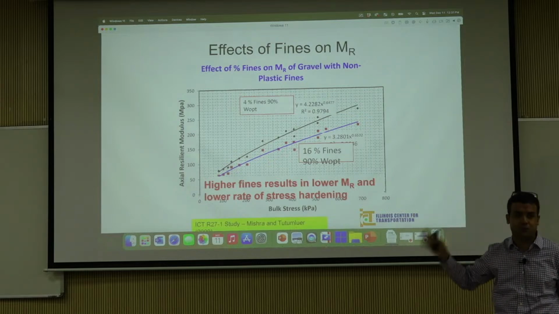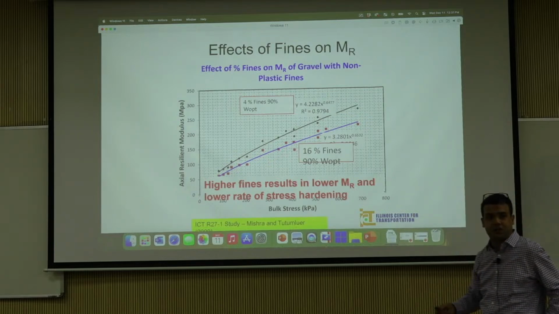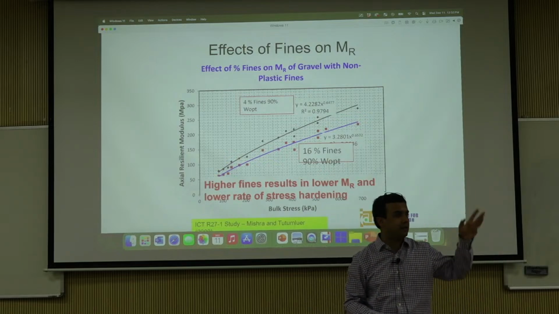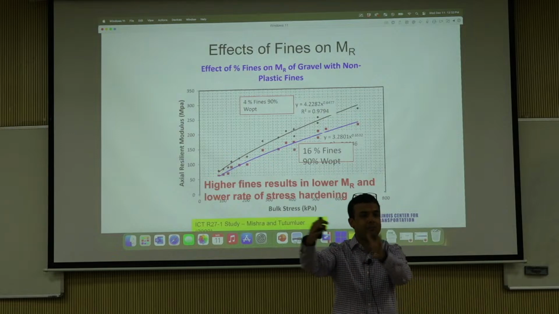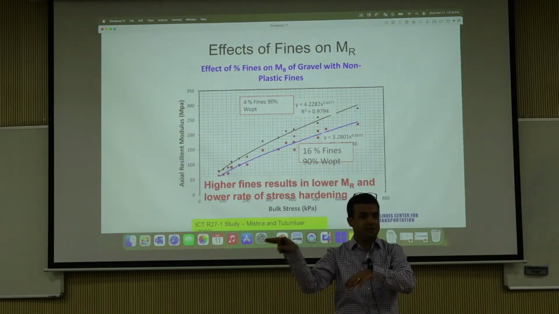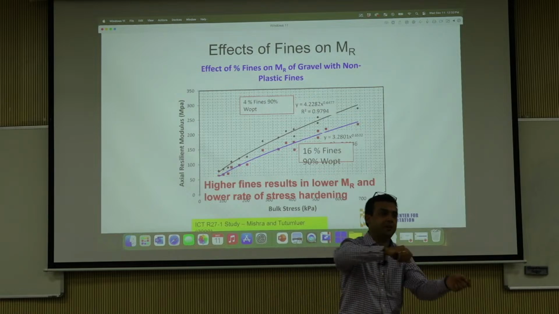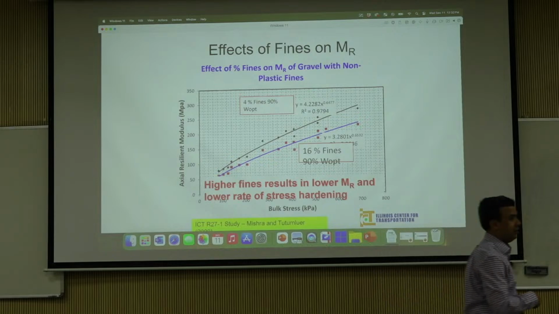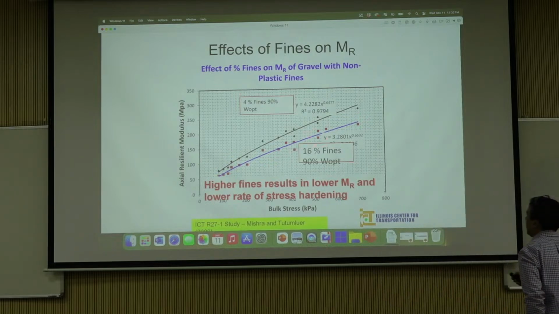That's all I was doing. Every aggregate was engineered. The 3 aggregates, limestone, dolomite and uncrushed gravel, were separated into big drums by size. I would take 2-3 shovels, sieve it, separate into drums, and keep doing that, and my entire PhD was on that. So this is all engineered gradations.